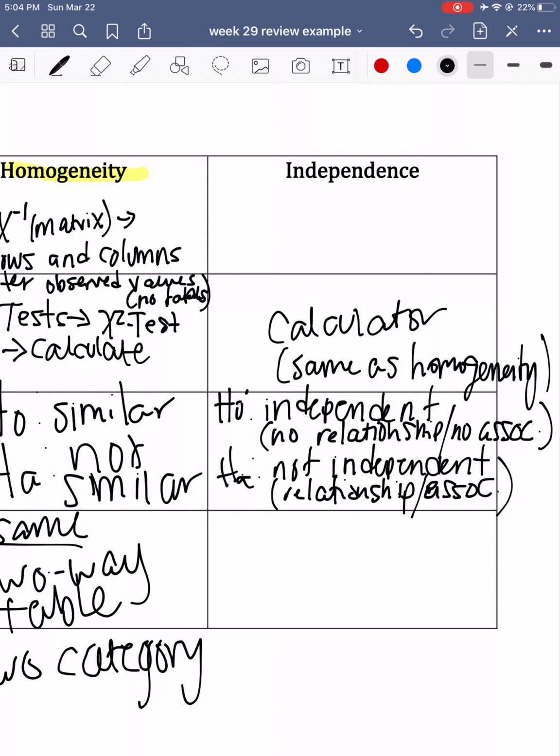And lastly, some key features in the prompt: they might say, is there a relationship between these two things? They might explicitly say association or independence.